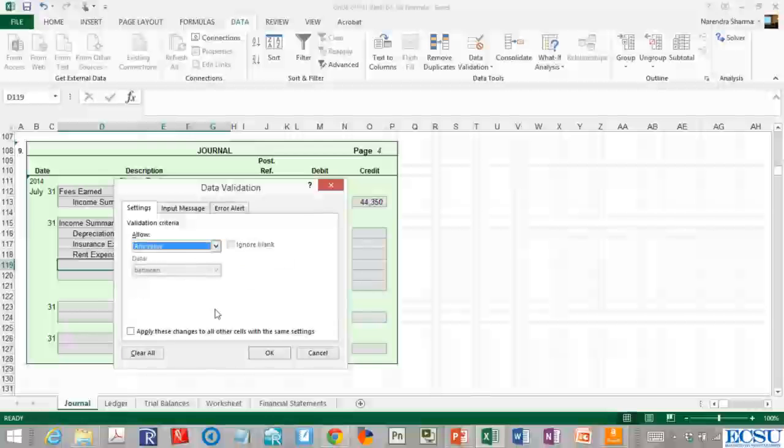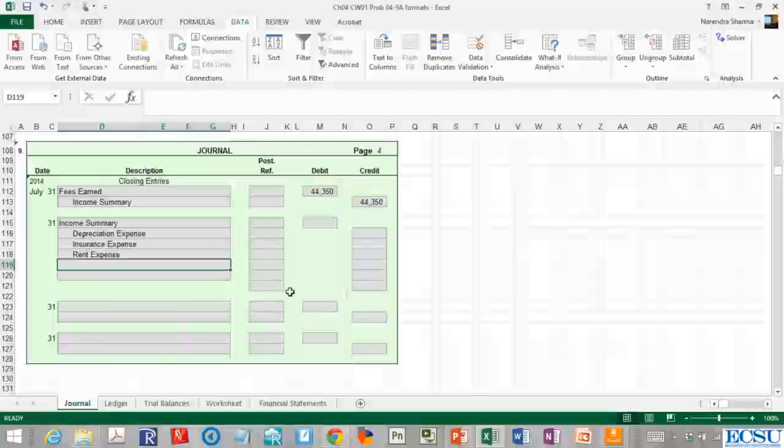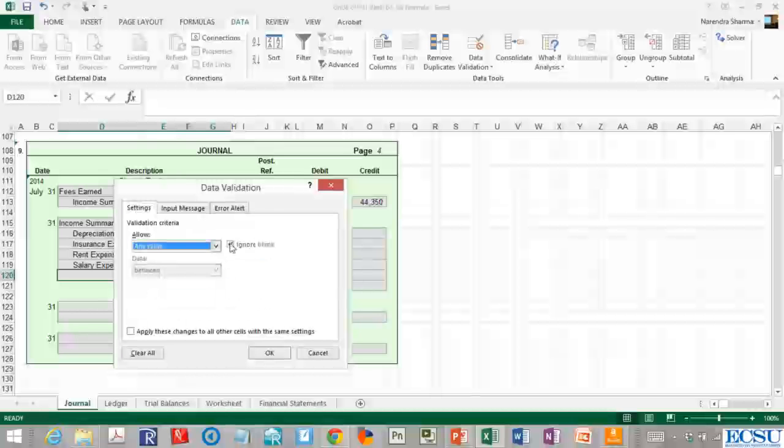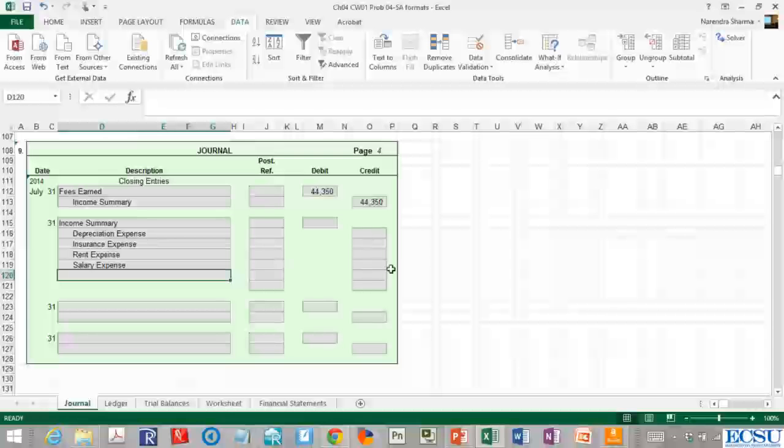Next would be the salary expense, and then the miscellaneous expense.